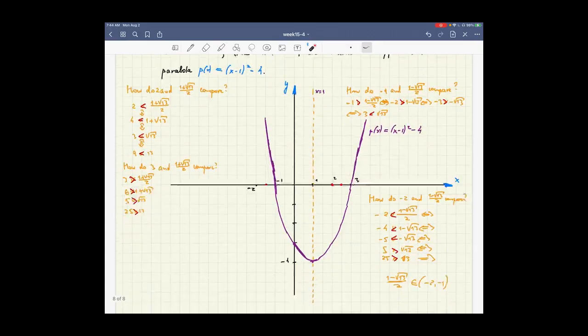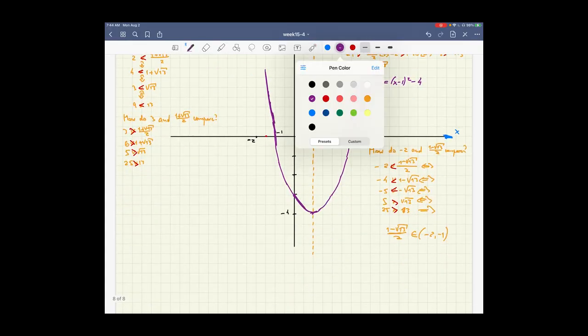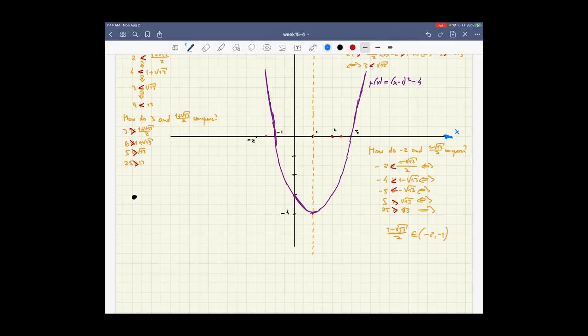Also, we know the behavior near the asymptote: on the right from 1, our function is positive infinity, and to the left of 1, our function is negative infinity.